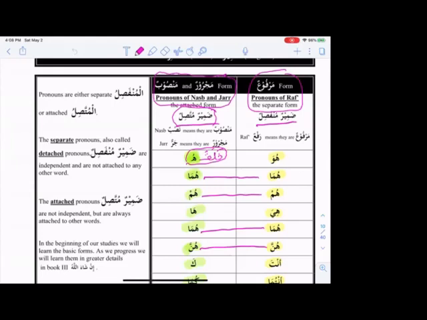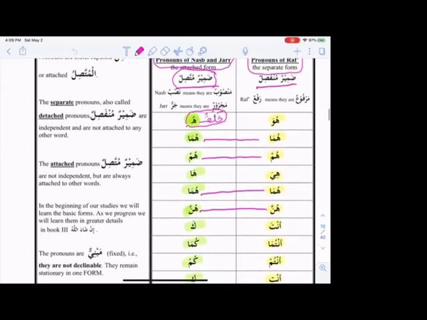And now they are marfu. Haza is marfu. It's mabni. It doesn't change. It is in the majroor and mansub declension. It stays the same. Hazihi, hazihi, haza, haza, haza. But then these are the pronouns.